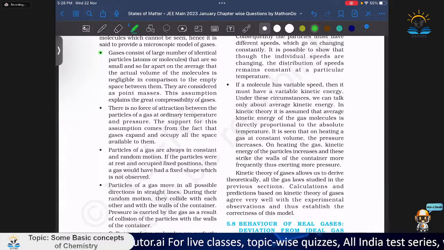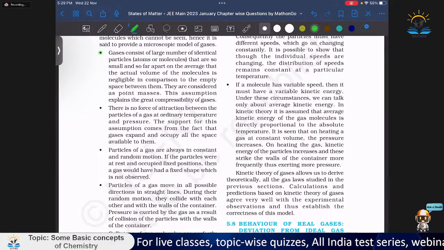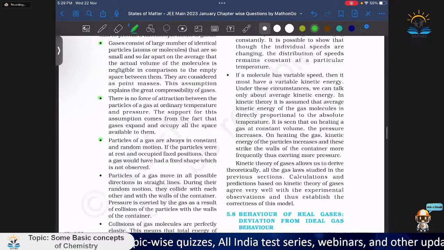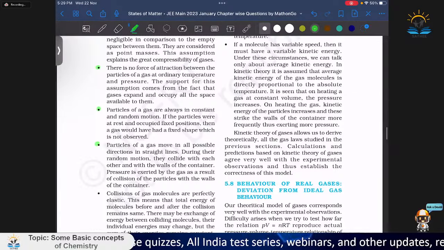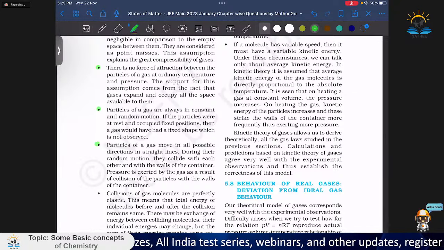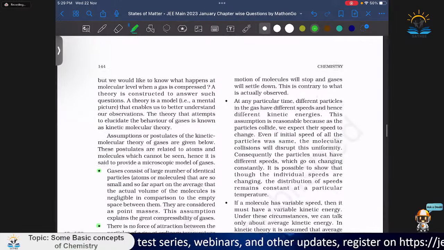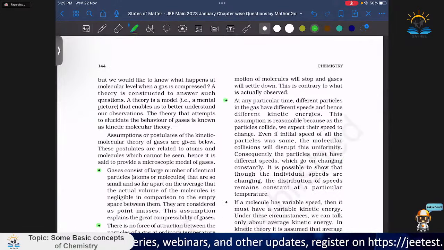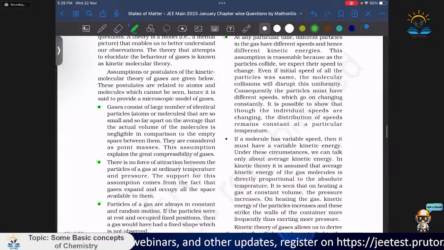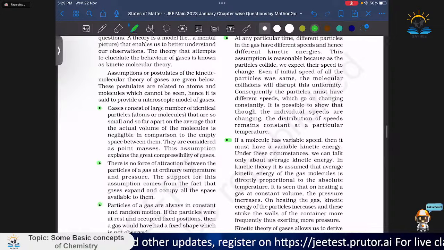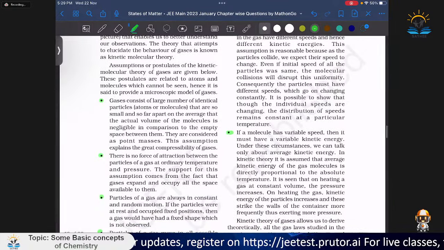Gases consist of ideal particles with small volumes. There is no force of attraction between the molecules. They are always in constant and random motion. They move in all possible directions in straight lines. Collisions are perfectly elastic. At any particular time, they have different speeds and different kinetic energies. The total is zero. If a molecule has variable speed, it must have variable kinetic energy.